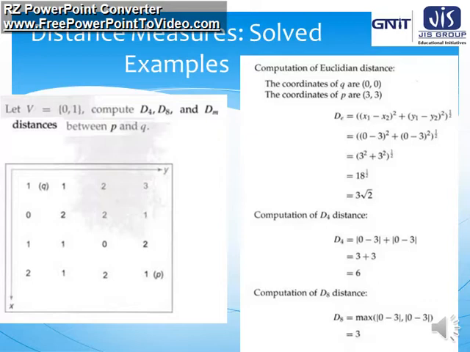So the coordinate of P is 3, 3 and the coordinate of Q is 0, 0.